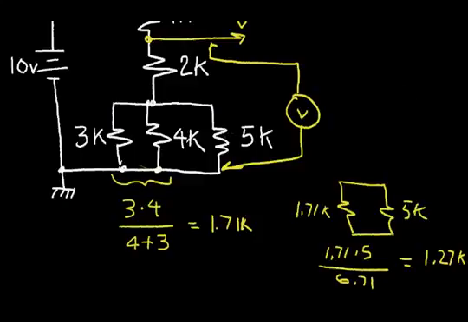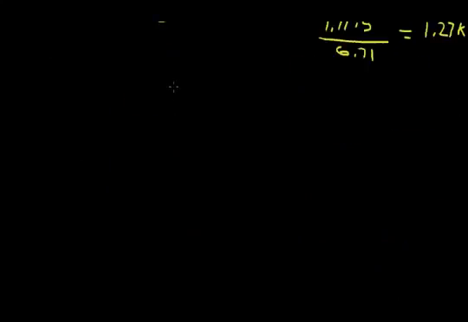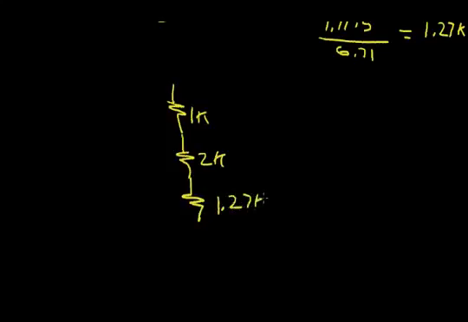So let's redraw the circuit. We have 1K at the top. We have 2K. And we've just computed an equivalent 1.27K. We know that this is ground. We have 10 volts up here.